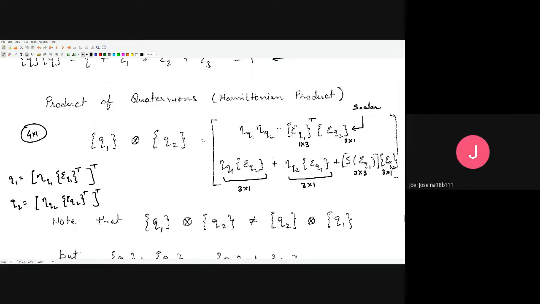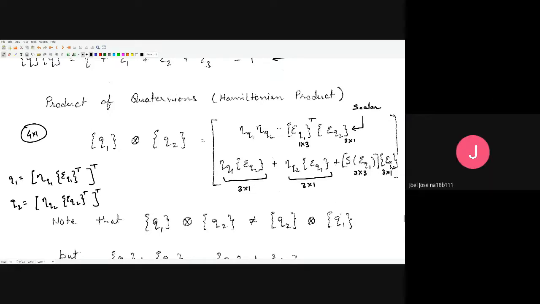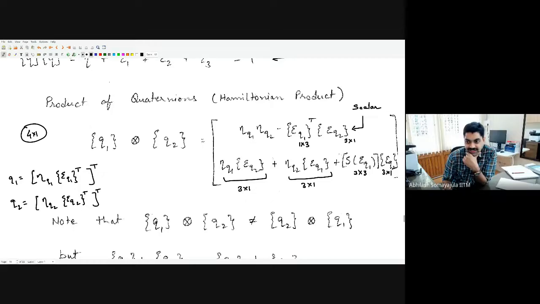Yes, sir. All right. Now, notice that when we are performing this operation, I take a product between Q1 and Q2, that is not the same as taking the product between Q2 and Q1. And where is the problem coming? The skew symmetric matrix. Correct. The term this one is why that product cannot be the same.